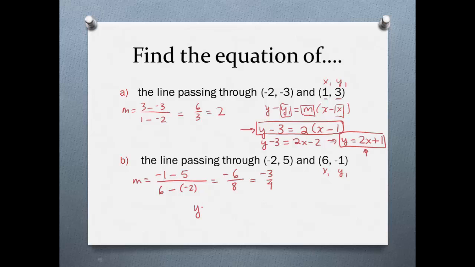When I do that, I get y minus negative 1 is negative 3/4 times x minus 6, which simplifies to y plus 1 equals negative 3/4 times x minus 6. That is the point-slope form. If you want to solve it for y, distribute the negative 3/4 and move that one over, you can get the slope-intercept form.